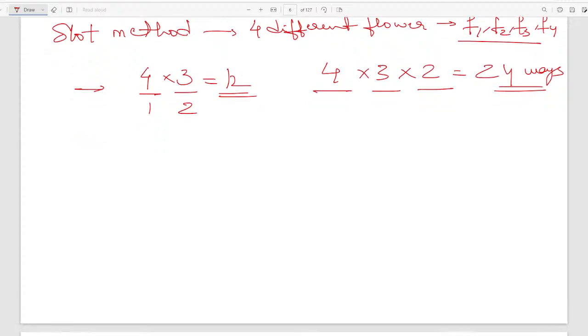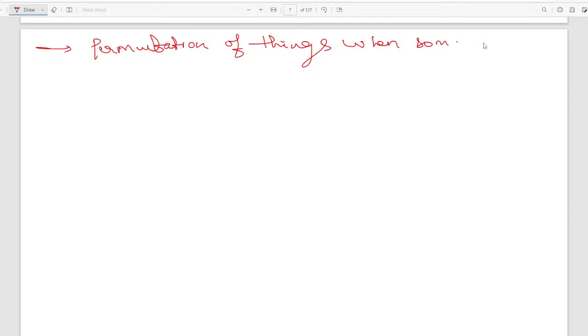Okay. Now, permutations of things when some are identical.